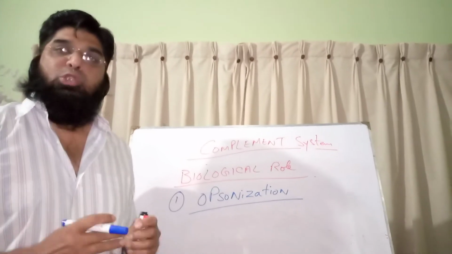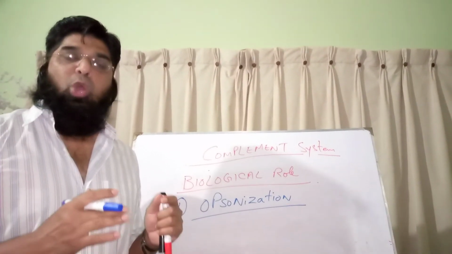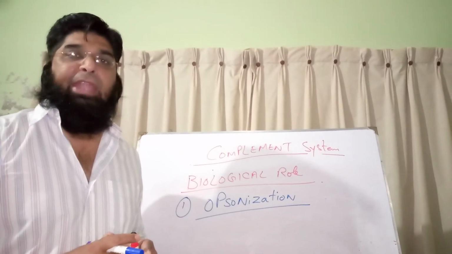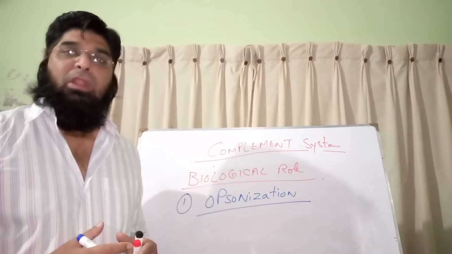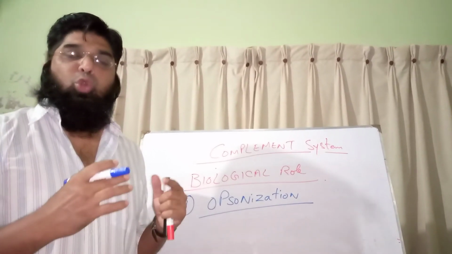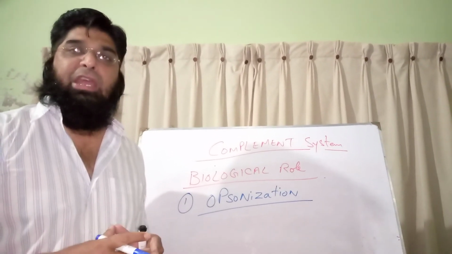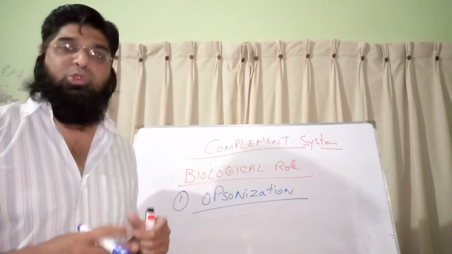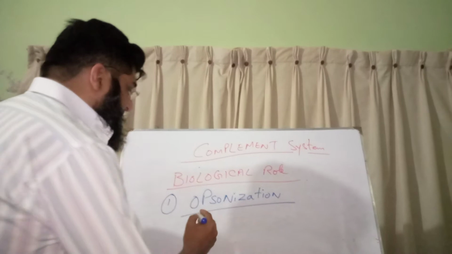Opsonization, students, means to help in the killing of offending antigens. How does it help? It makes offending antigens easier for the phagocytic cells to destroy. What are those complement proteins?